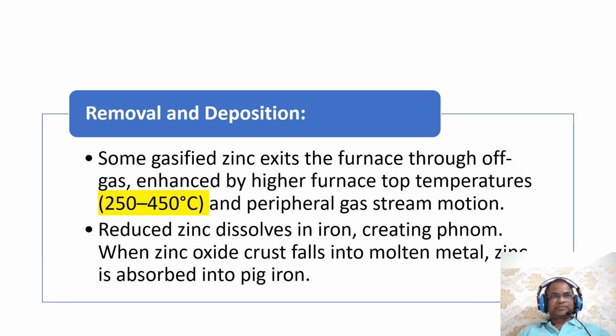Majorly tar or copper loss. Apart from these, we can say hot metal temperature and compositional variance. So all these sorts of process upsets are expected during this phenomenon.